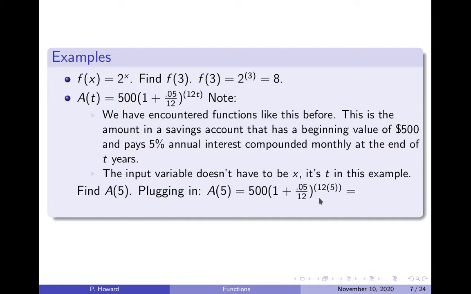Same as the formula for A, except t has been replaced by 5 in parentheses. And so when I did this calculation, I got $641.68. And I did this on Desmos, like you may have done this kind of calculation earlier in the course.